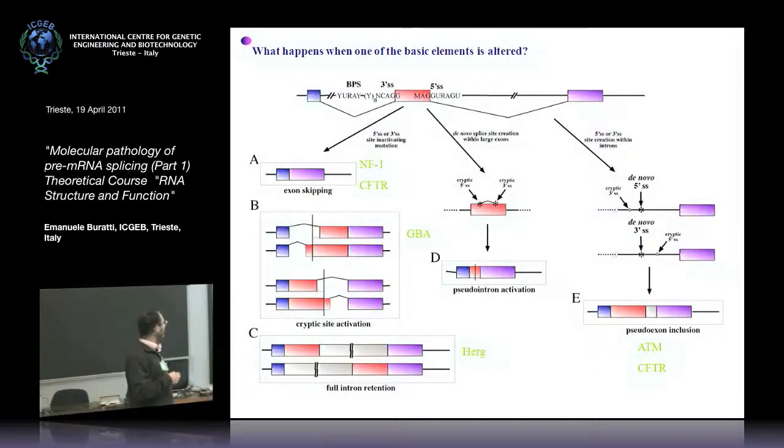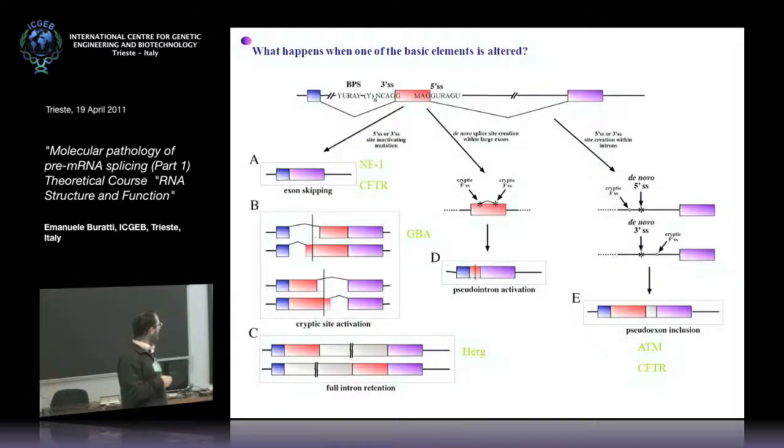So the exon is completely ignored by the splicing machinery, and this often ends up in a change in the reading frame and, as a consequence, degradation of the resulting mRNA by NMD. Then the second most likely outcome of a splicing mutation is the activation of cryptic splice sites. Let's say that our splicing mutation inactivates the 5' splice site.